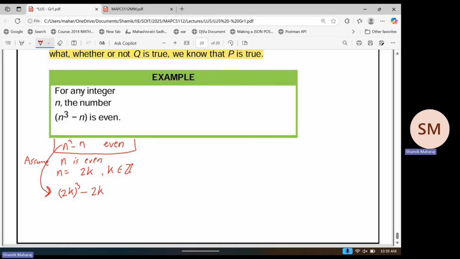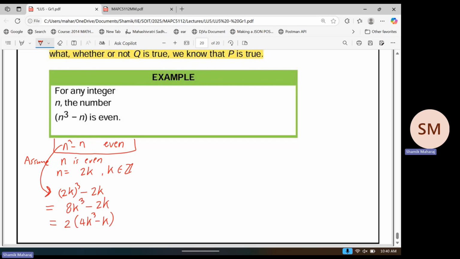Now we have to show that this gives us something even. And will it? Let's see. So 2 cubed is 8, k cubed is just k cubed, minus 2k. I guess I can pull out a 2 from here and write this as 2 times (4k cubed minus k), which is 2 times some integer, which is even.